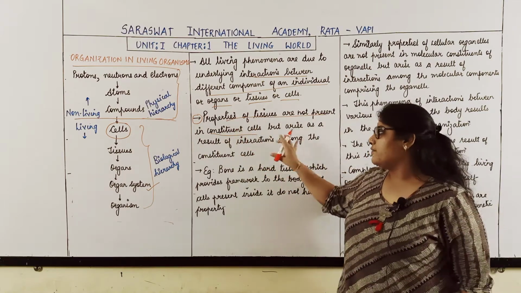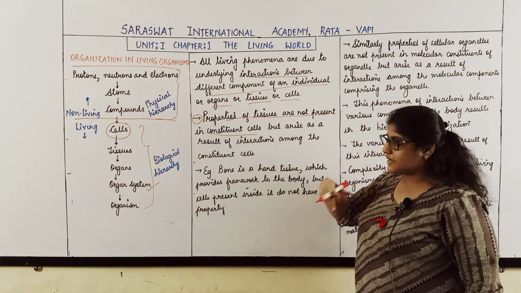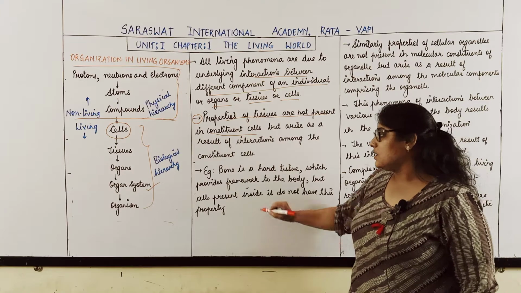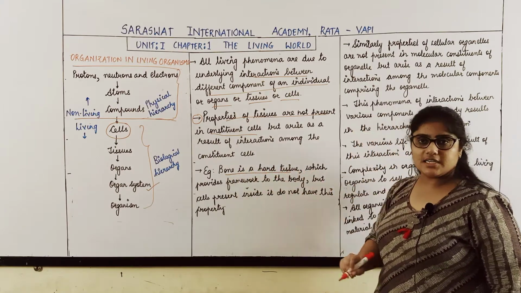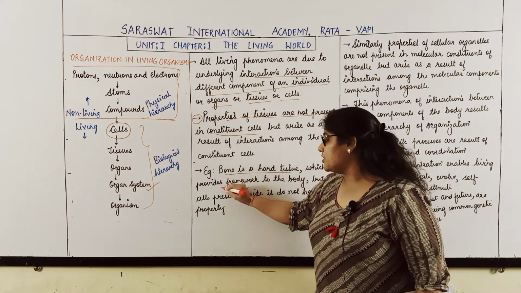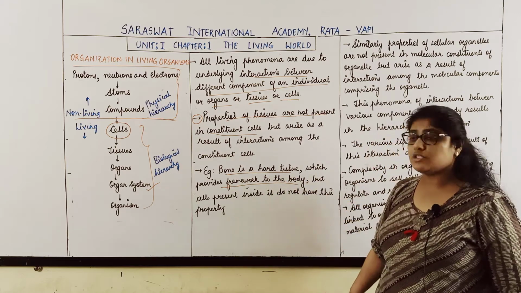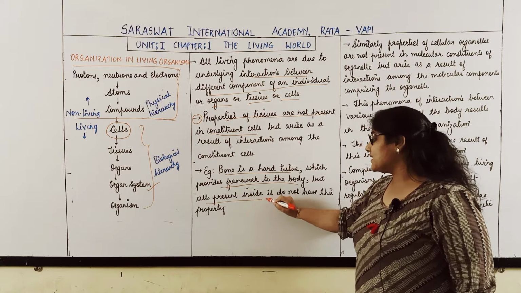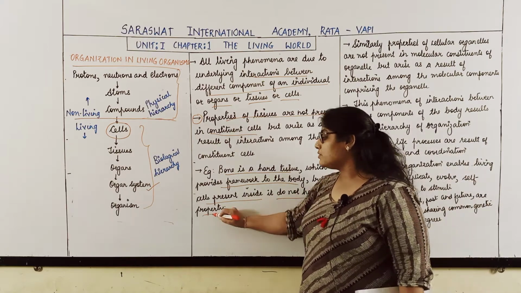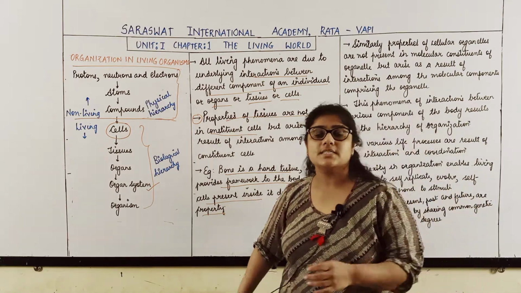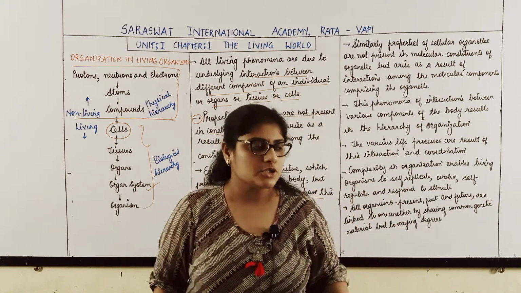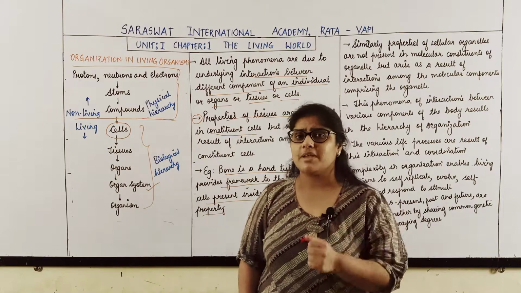So properties of the tissues are not present in the constituent cells. First of all, we will take the example again of the bone, and it will be more clear to you. We know that bone is a hard tissue. What is its function? It provides the framework to the body. But the cells present in it do not have this property. Bone is a tissue, so it is composed of cells.